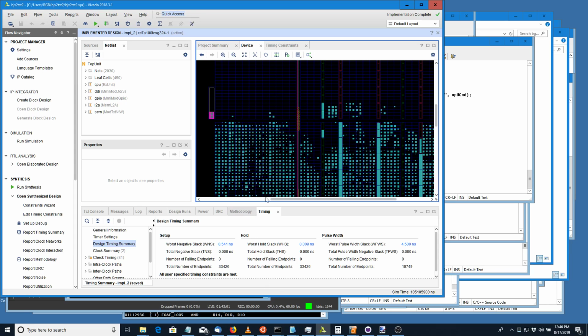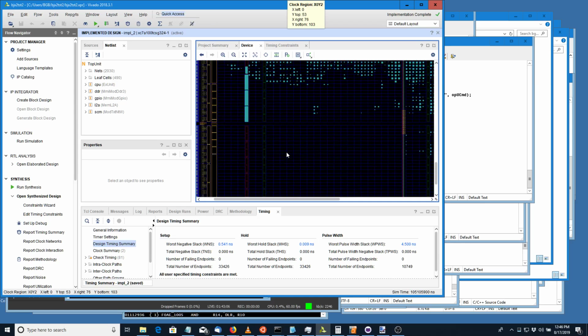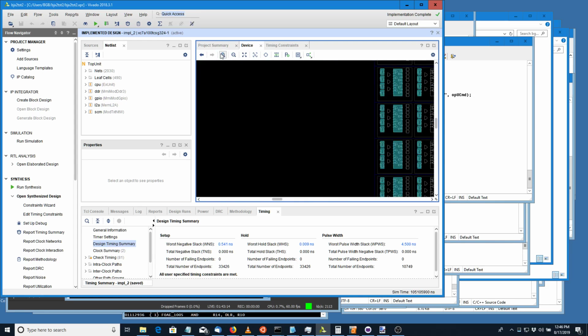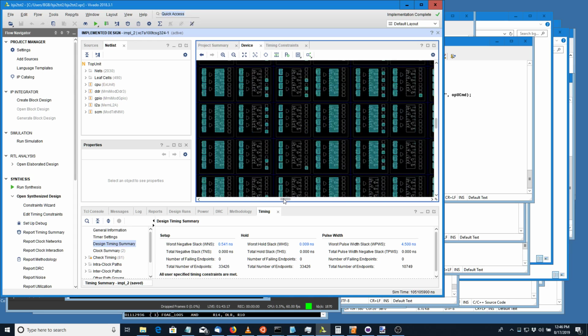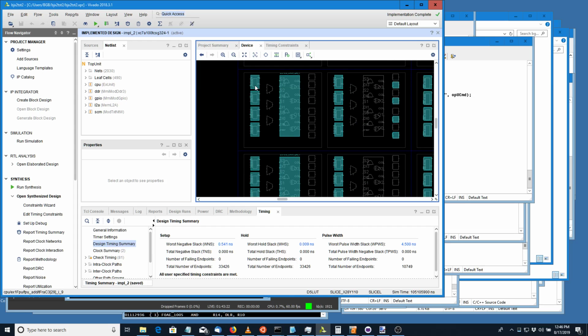And zoom in really far on here and see the individual LUTs and similar. So LUT, and a carry. So yeah.